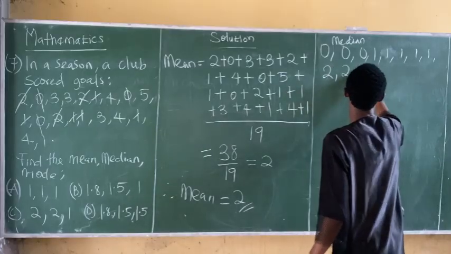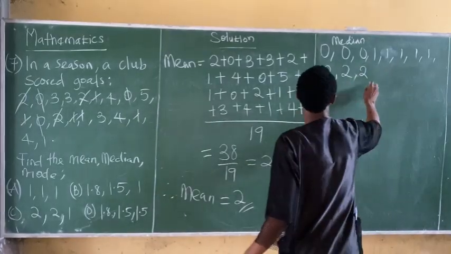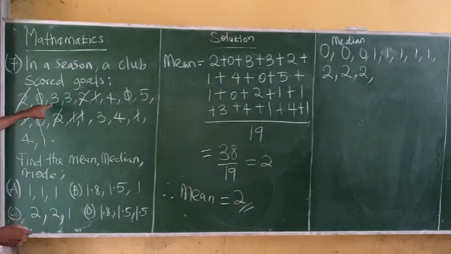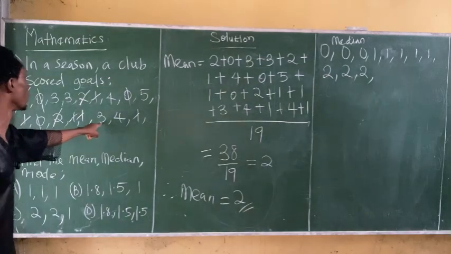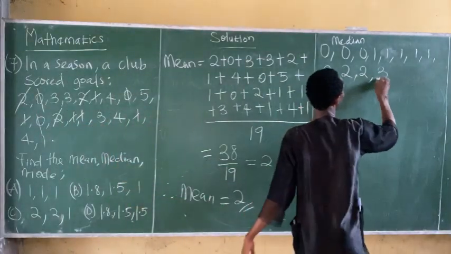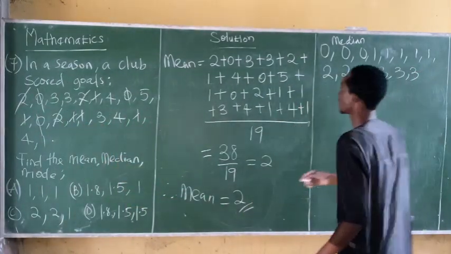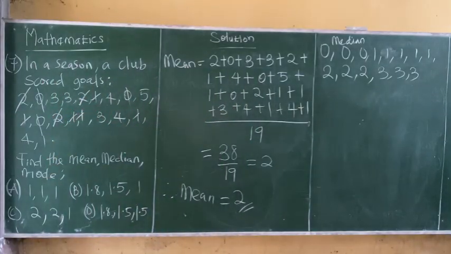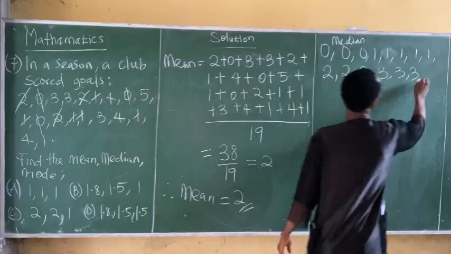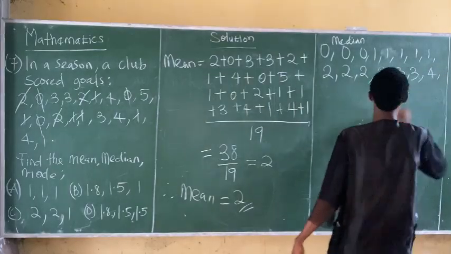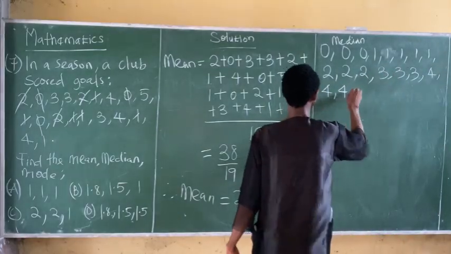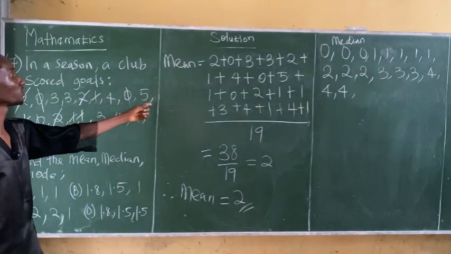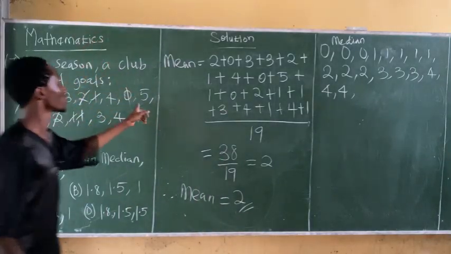The next is 3. How many 3 do we have? 1, 2, 3. How many 4 do we have? 1, 2, 3. The final value is 5. How many 5 do you have? Just one 5.